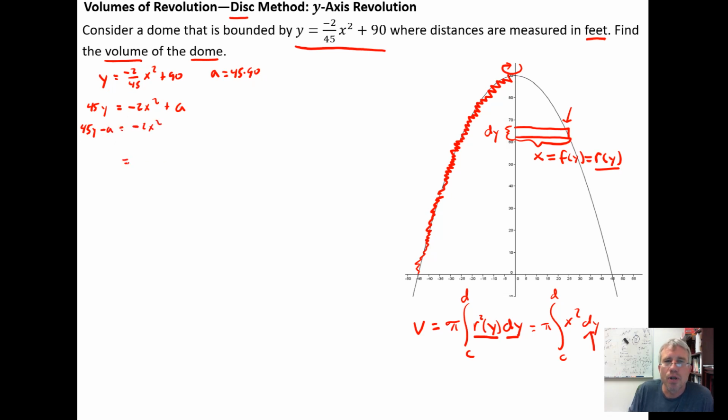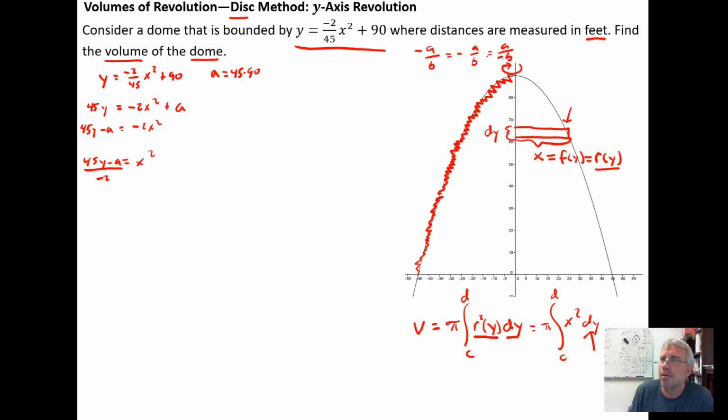Then to get x squared by itself, we divide by that negative 2: 45y minus a over negative 2. What's customary to get this negative out of the denominator is to bring it up into the numerator position and distribute it into the numerator, taking advantage of the fact that negative a over b is the same as a over negative b.